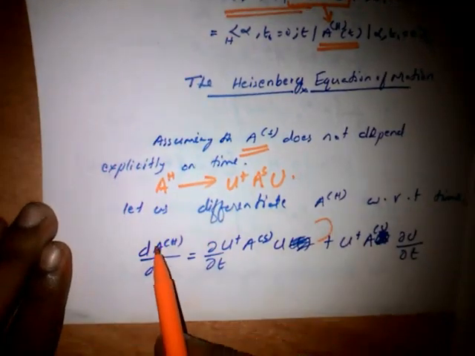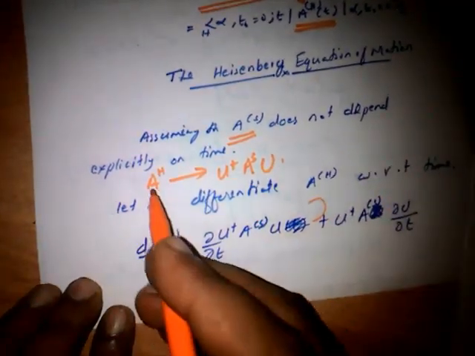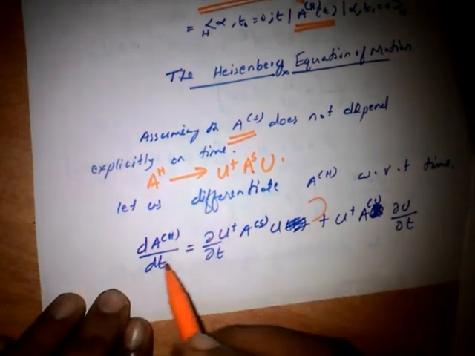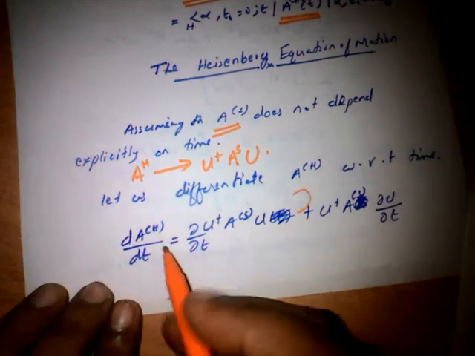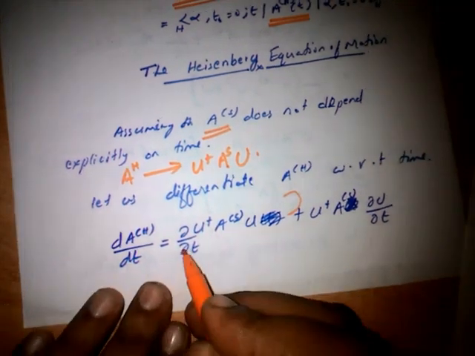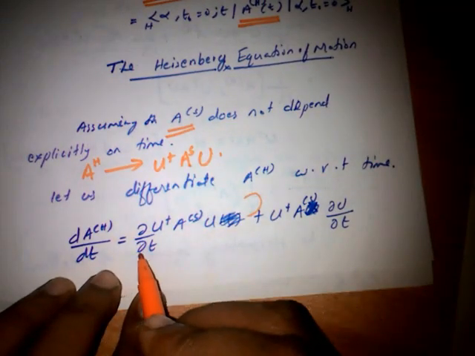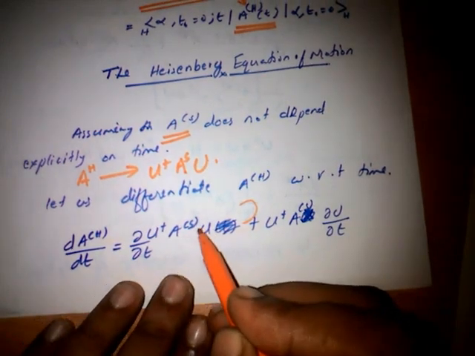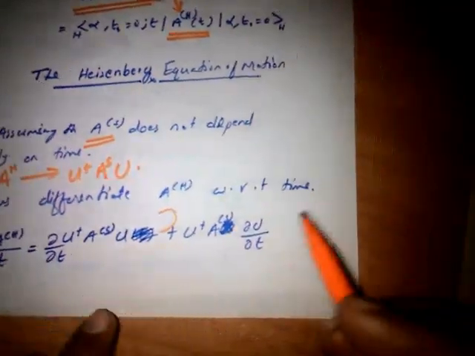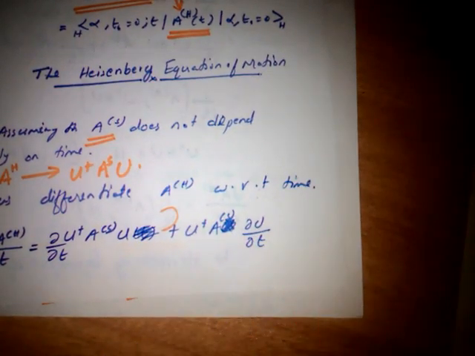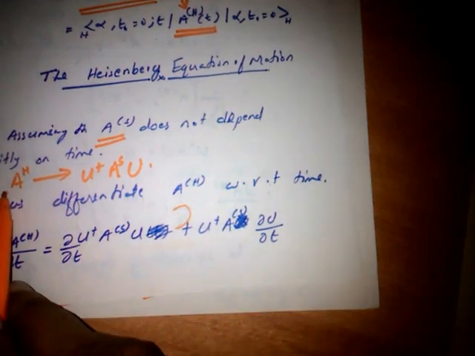If we take the differential of operator A in Heisenberg's picture, that is dA_H by dt, we can differentiate it: dou by dou t of U dagger A_S U, which gives U dagger A_S dou U by dou t plus dou U dagger by dou t A_S U.